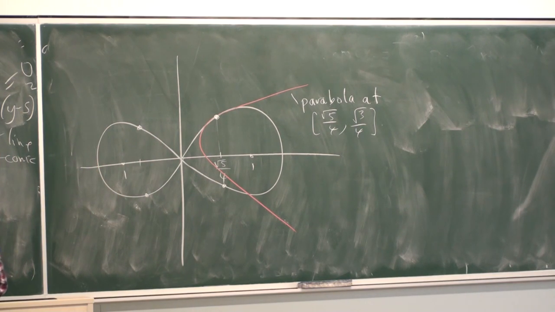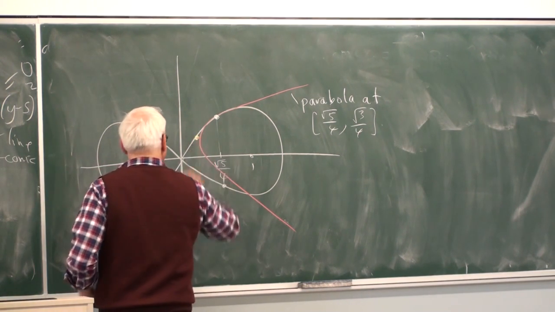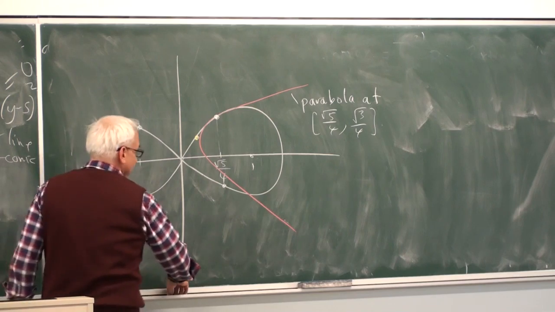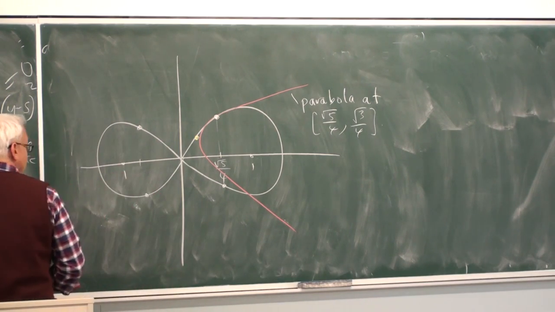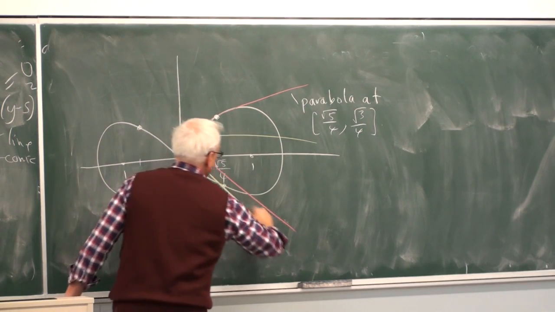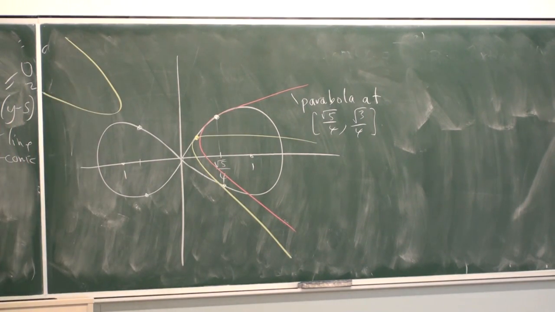What about some other points? Well, if we move a little bit in this direction, let's say somewhere over here, then it turns out that the curves are hyperbolas. The tangent conic is a hyperbola at such a point.